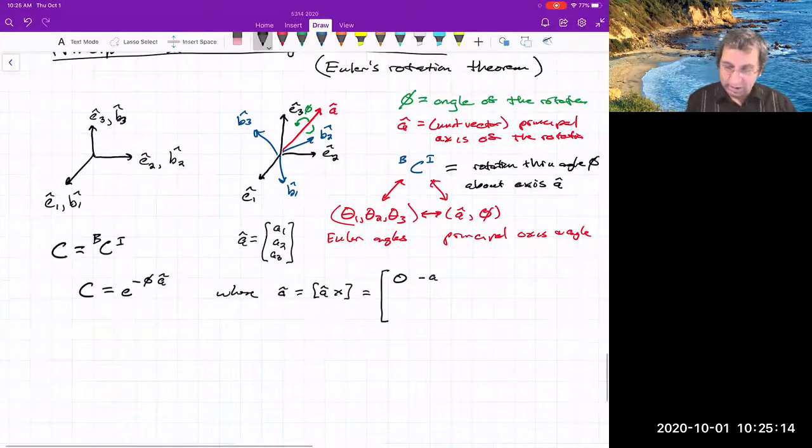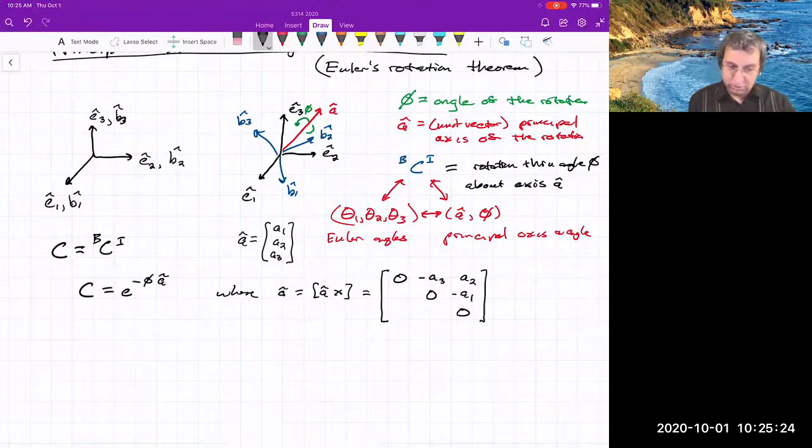So this has zeros along the diagonal, with entries negative A3, A2, negative A1, and A3, negative A2, A1. This is a skew symmetric matrix, a 3x3 matrix. So I've written C equals the exponential of phi times a 3x3 matrix.